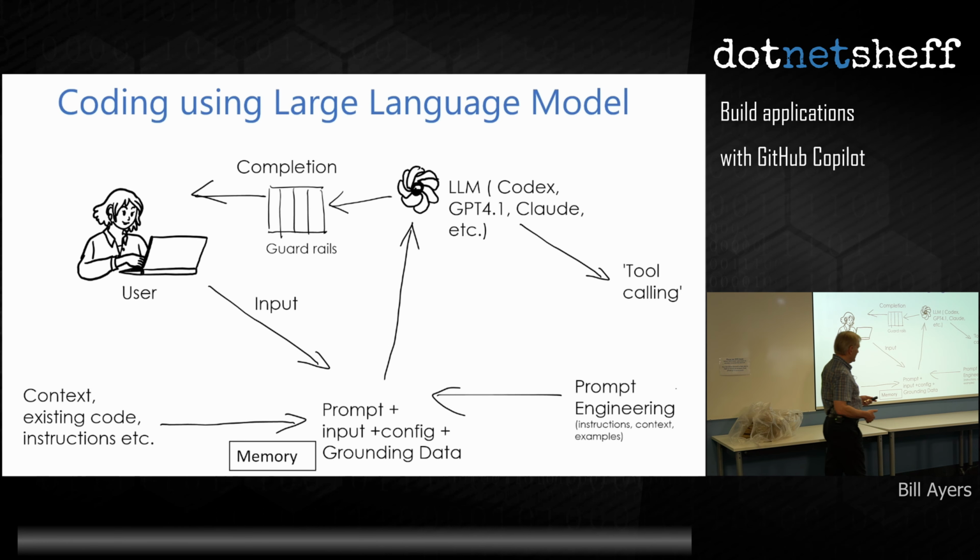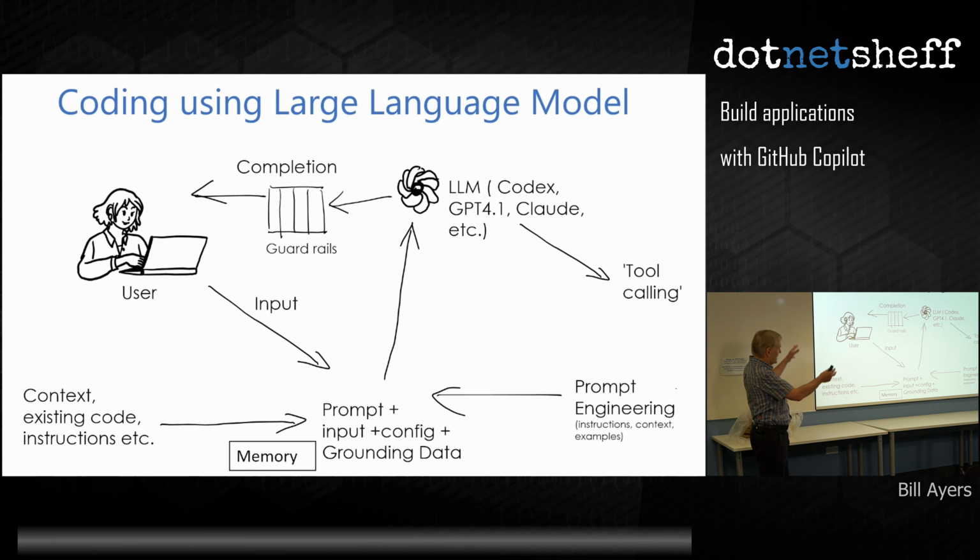That's where you get the agency from. You can actually get it to do things as well as just come back to you and say, here's some code, you might want to paste this in. It can actually paste the code in, or create a new file, or do a pull request. So it can do more powerful things with tool calling.